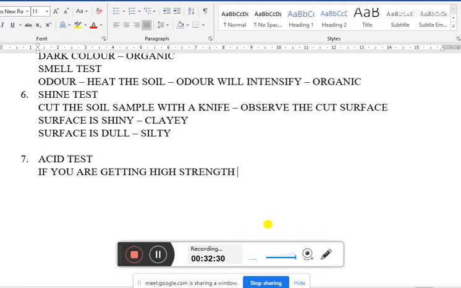To test for the presence of calcium in the soil sample, we can perform this acid test.